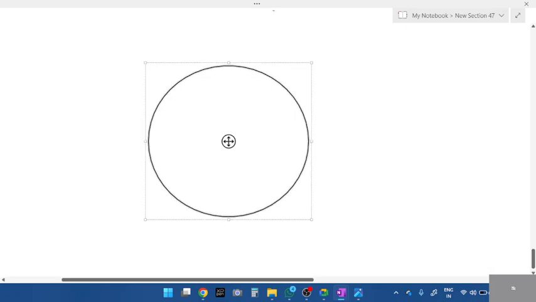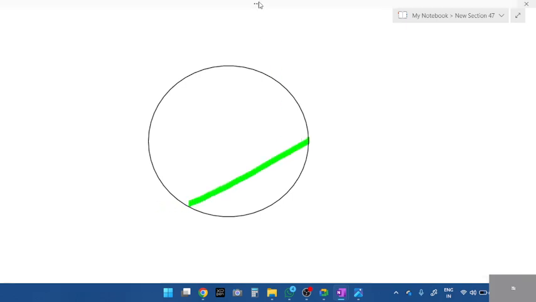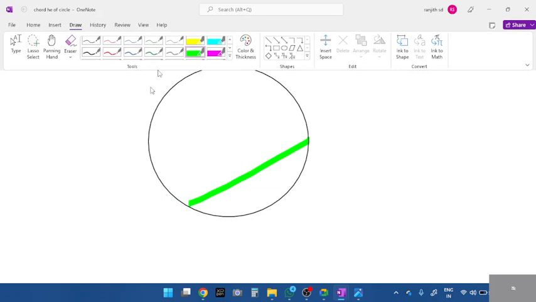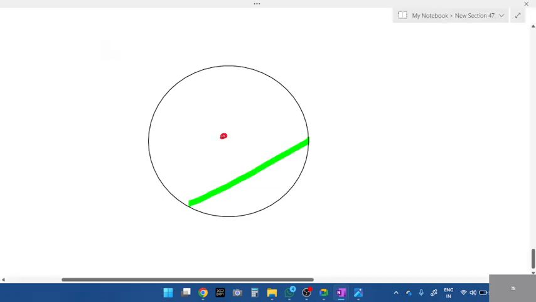So it can even be like this. You can draw a chord anywhere. Chord can be drawn anywhere. So like this, this is also a chord. Let me take the center. Now, I'll draw a line. A, B, C. A to C is 3 centimeters, C to B is 5 centimeters.